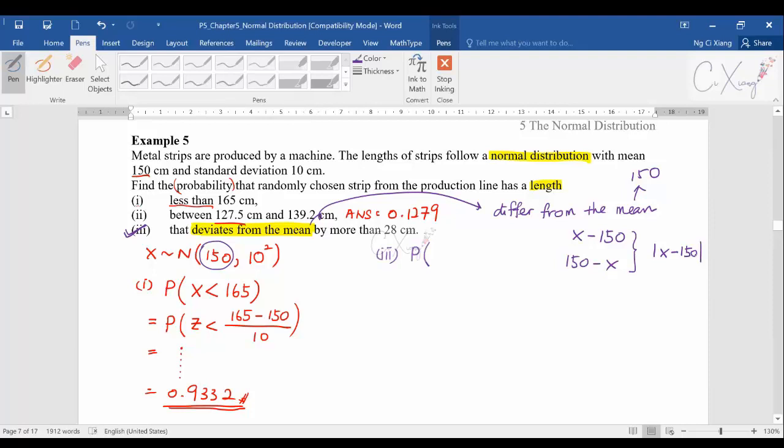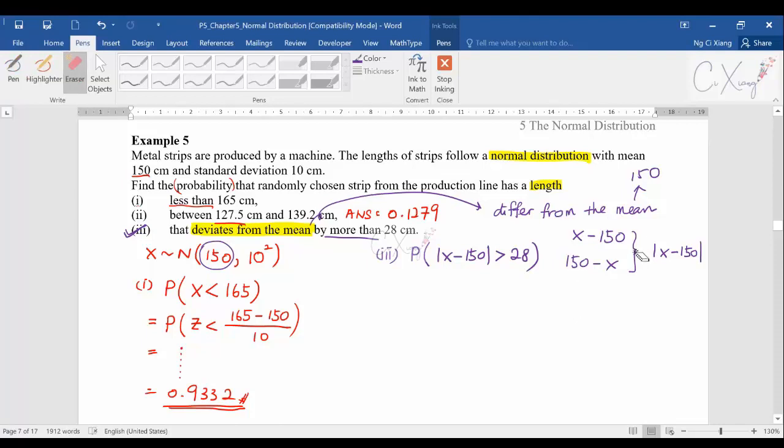It is a bit tricky, but they will ask you very frequently for this kind of question because the sentence is a bit different. So remember that when you see the words deviates from the mean, or deviates from something, differ from something, then the symbol should include the modulus sign. Okay, so I put it here first: modulus X minus 150, by more than 28.